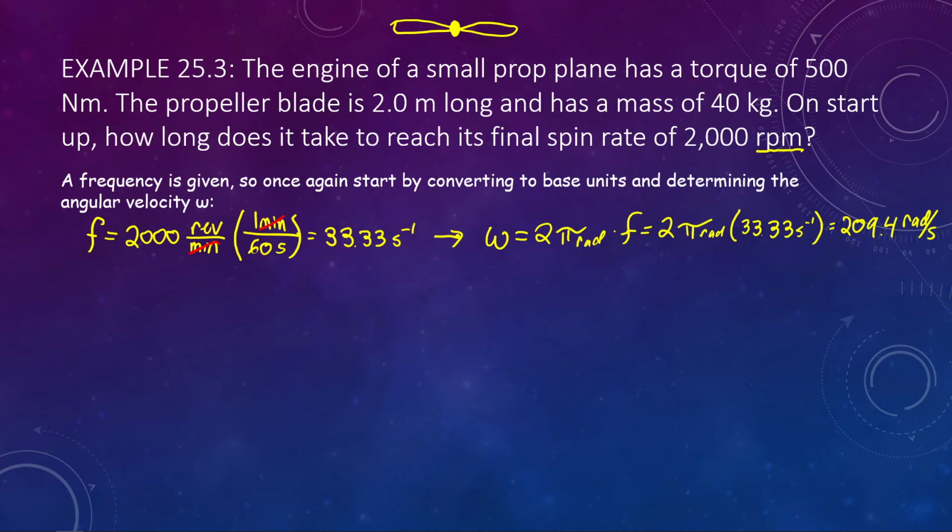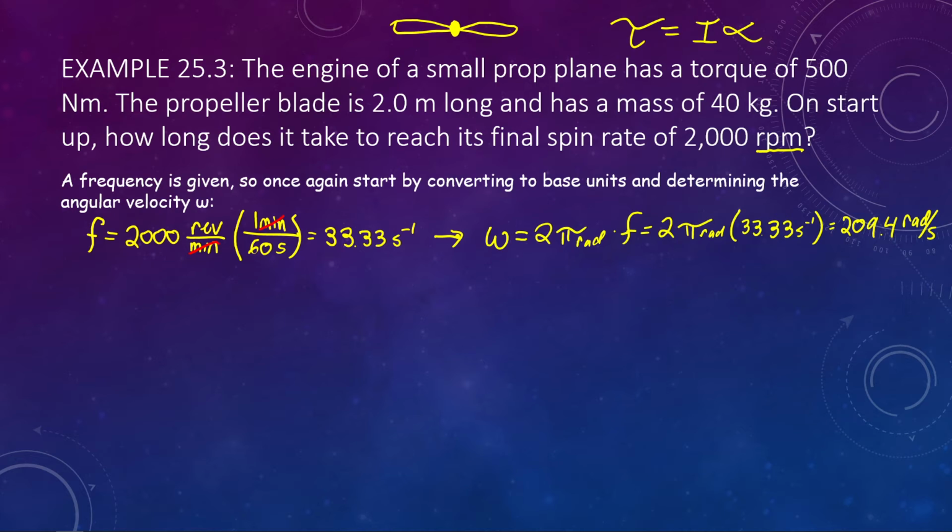Well, this is another one of these rotational dynamics problems. We're going to have to apply Newton's second law for rotation somehow. We know torque is equal to I alpha. Right, that's our rotational equivalent equation. So it asks, how long does it take to reach its final speed? That's a time that it's looking for. Well, there's no time in the torque equals I alpha equation. But let's still apply it.